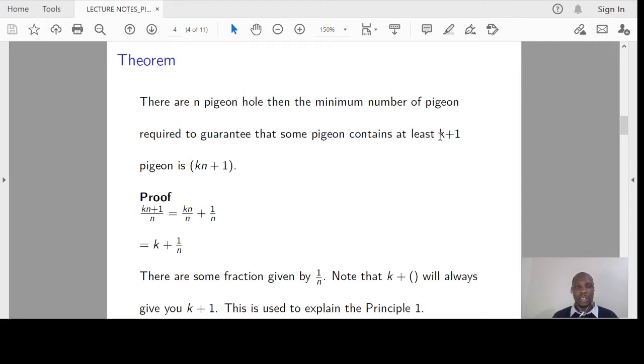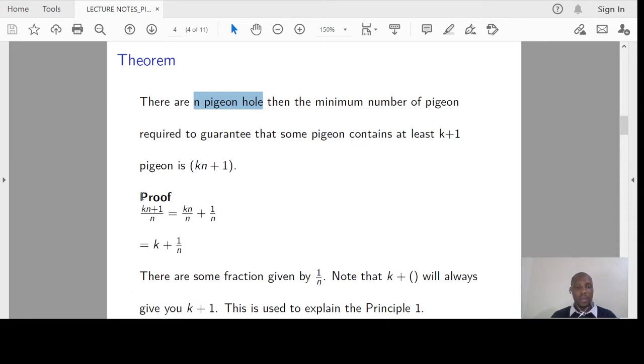This is a theorem that we can prove. And here we've proved this theorem, which states that if we have n pigeonholes, then the minimum number of pigeons required to guarantee that some pigeonhole contains at least k plus 1 pigeons is kn plus 1.